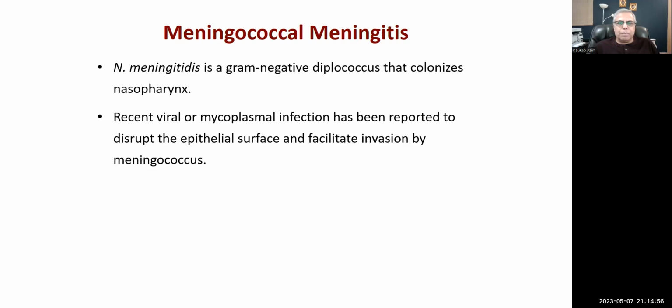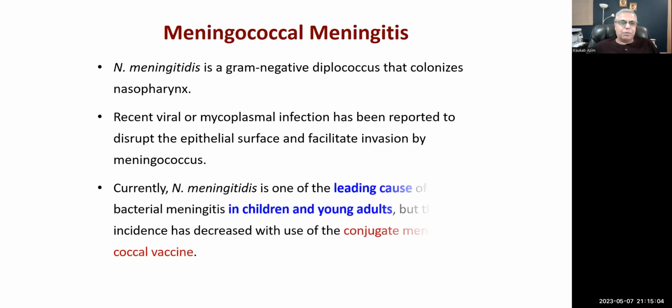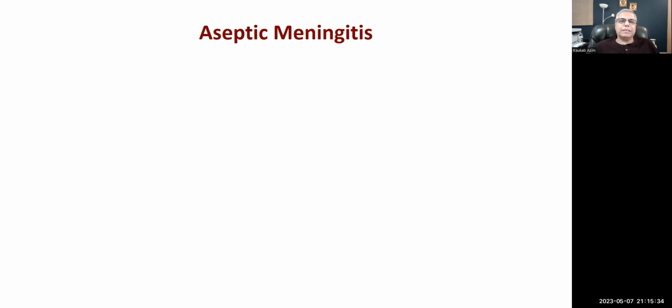Recent viral or mycoplasmal infection has been reported to disrupt the epithelial surface and facilitate invasion by meningococcus. Currently, N. meningitidis is one of the leading causes of bacterial meningitis in children and young adults, but the incidence has decreased with the use of the conjugate meningococcal vaccine, right? So it is one of the leading causes, or it is the leading cause, but the incidence has gone down because of the vaccine.